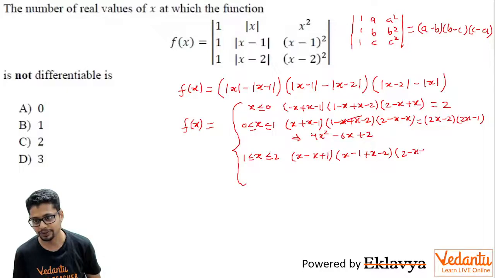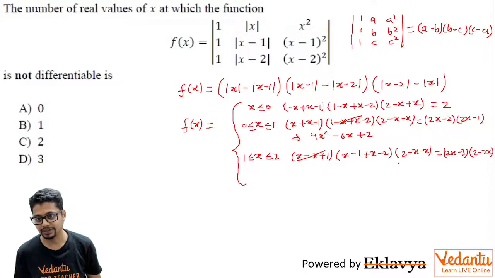So if you see carefully, you have 2x minus 3 multiplied by 2 minus 2x. So what you have essentially is minus 4x square plus 10x minus 6. I hope we are doing the calculation right.